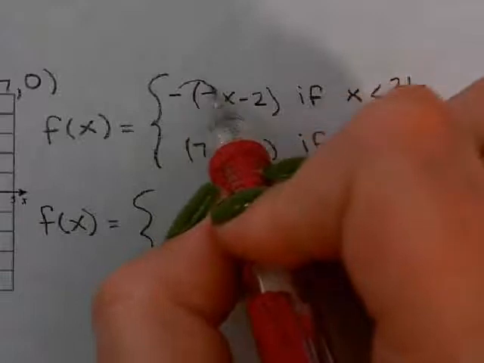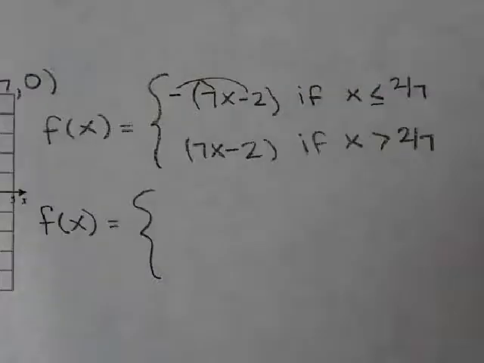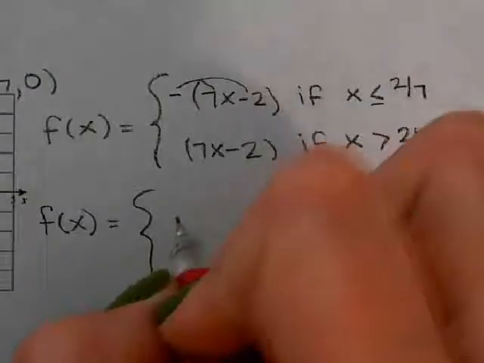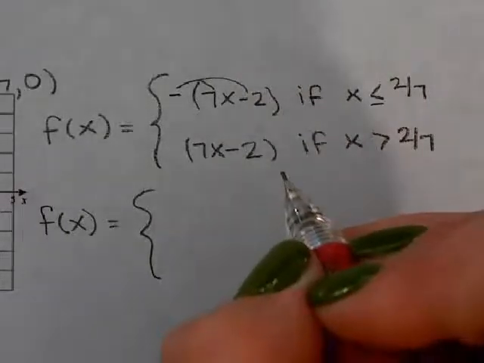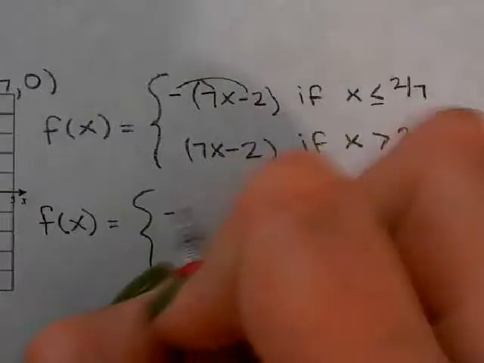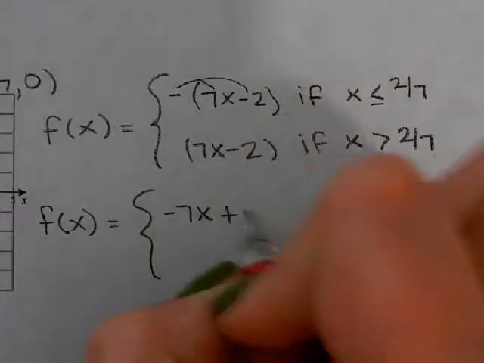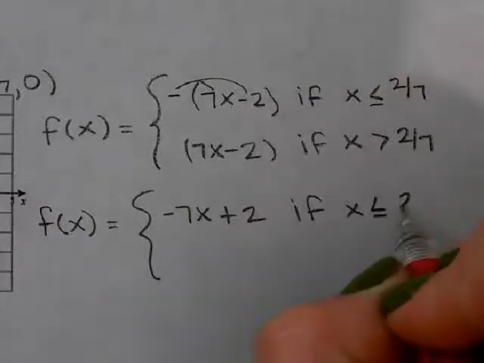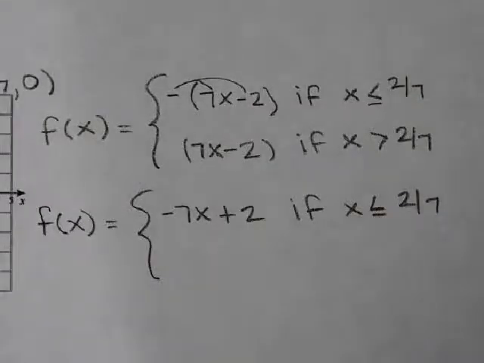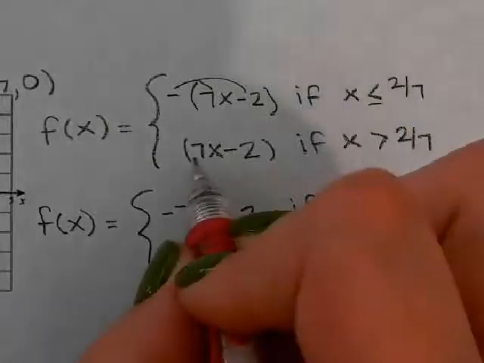Anybody? Negative 7x plus 2, and there's nothing else we can do, right? That's just it. And then the other one is already simplified. It just doesn't really need the parentheses. I'm just going to rewrite it. Okay.